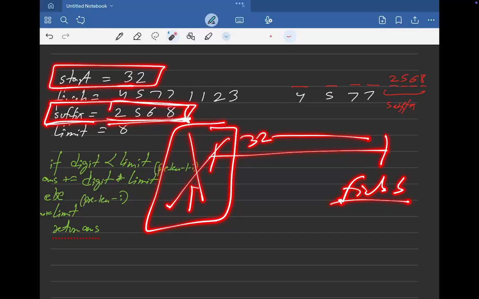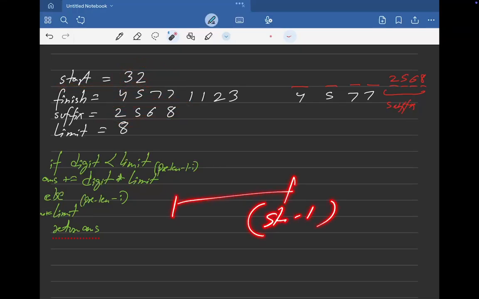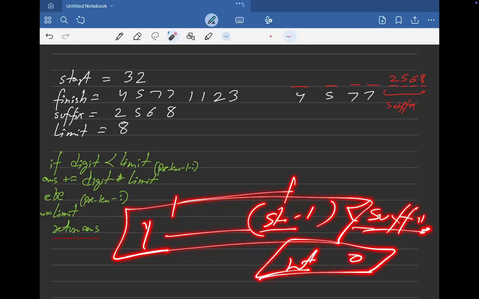My suffix length is more. So this start time does not make sense, right? If my start length is less than this length, it means I cannot find anything from 1 till start minus 1. If my suffix length is already more, it means I cannot find any substring, so I will just directly return 0.